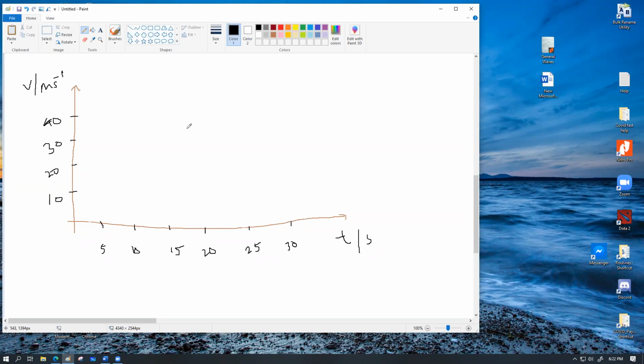Now let's say we have a certain speed time graph that looks like this. For an object, we are provided with a speed time graph. I'm going to give some dots first so that I don't mess it up altogether.